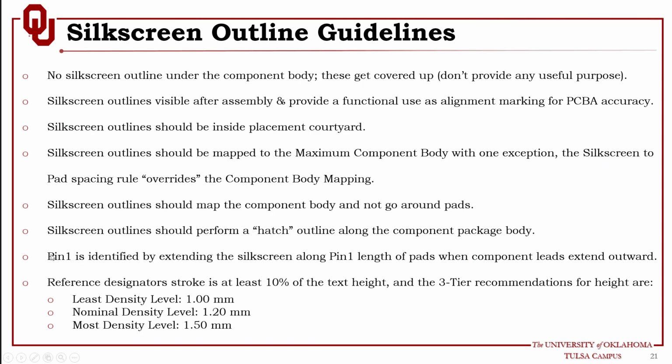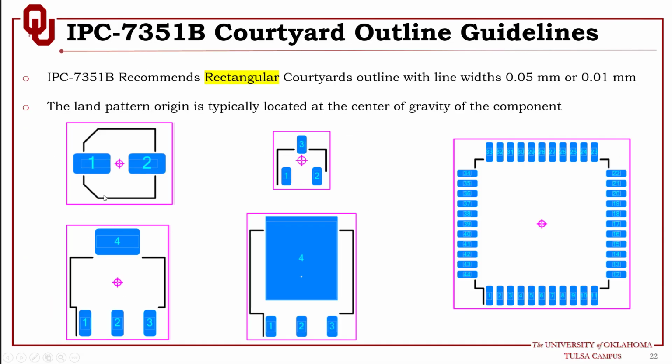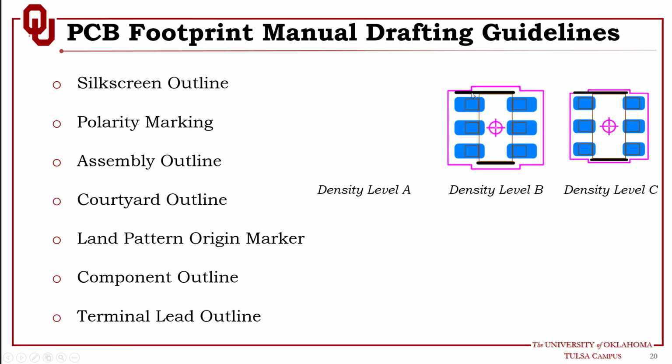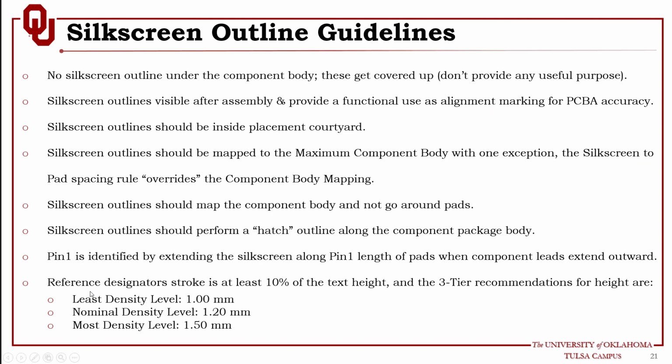Pin 1 is identified by extending the silk screen along pin 1 lengths of pad, as you saw in here. So it's extended in here and also extended in here. The reference designator stroke is at least 10% of the text height.